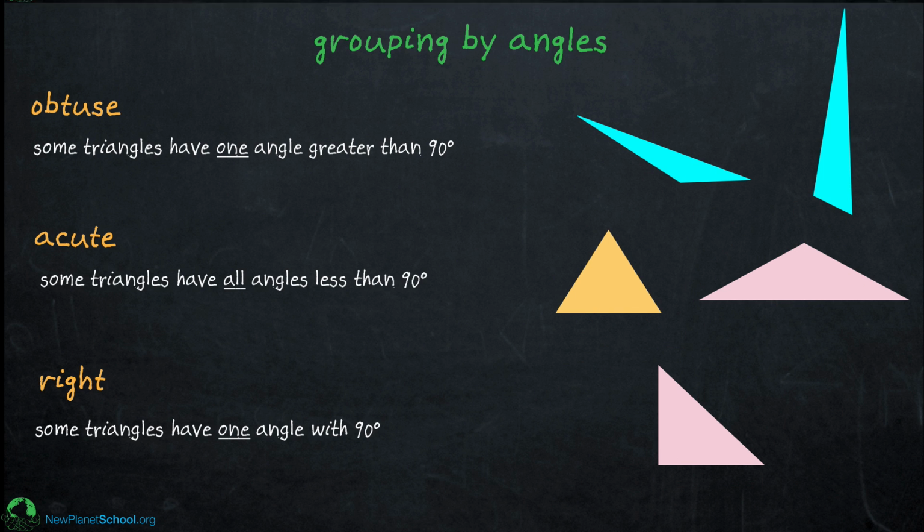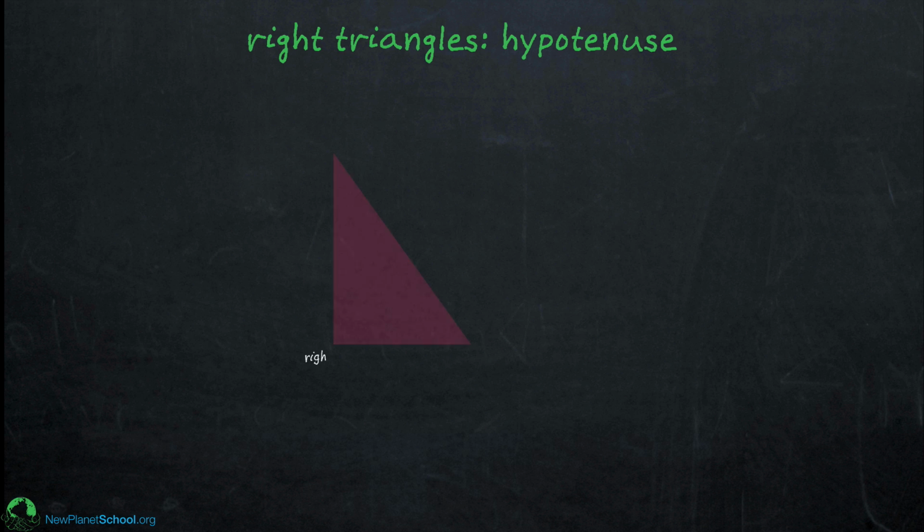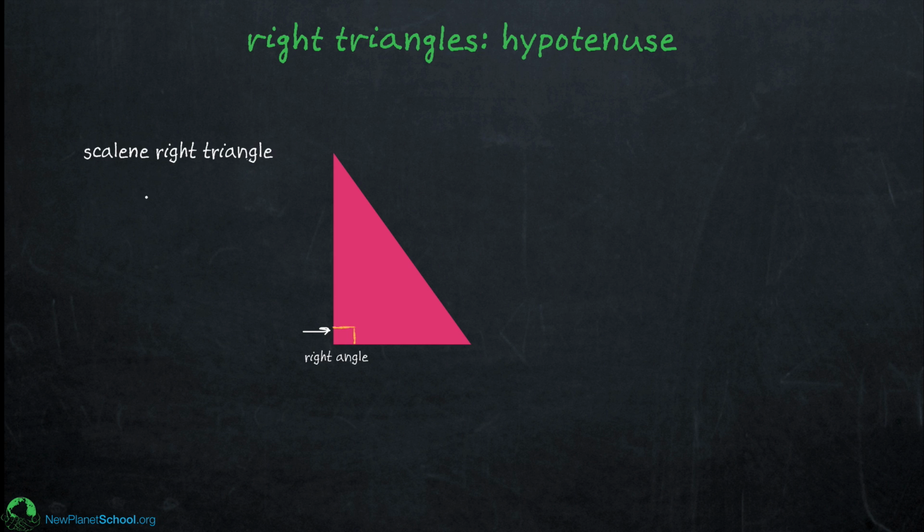Okay, so let's just very quickly, I just want to make sure you understand this concept and the concept of the hypotenuse. So imagine we have this triangle, it has a right angle, so we put our little square right here to denote that this is a right angle. And we notice that this is a scalene right triangle.